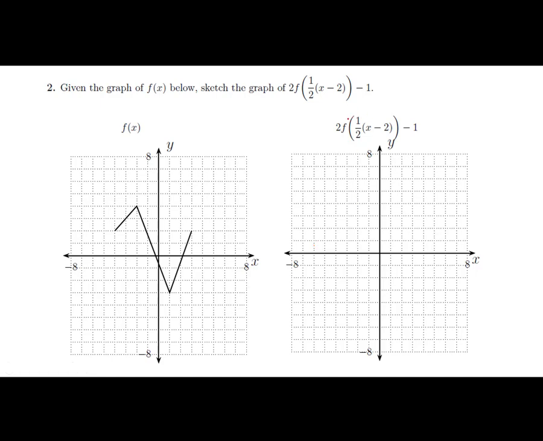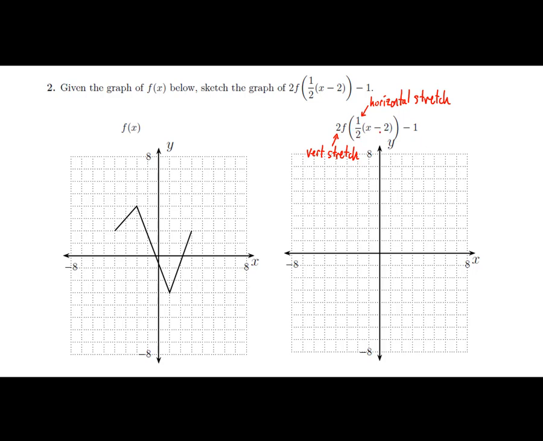Okay, so let's go through and identify this stuff here. This is a vertical stretch because it's happening outside the argument. This is a horizontal stretch because it's happening in the argument of the function. And remember, it's 1/2, so actually this is a stretch because things are happening half as fast.